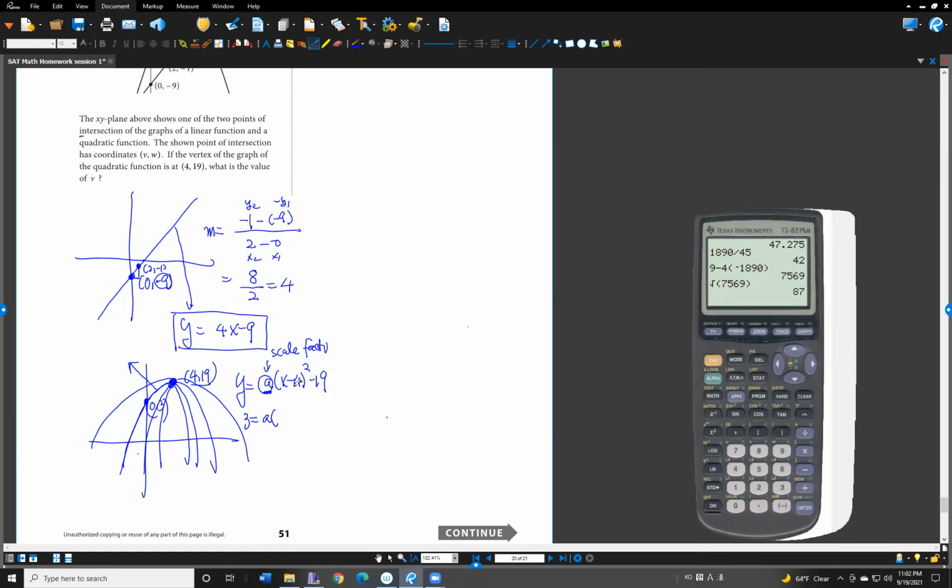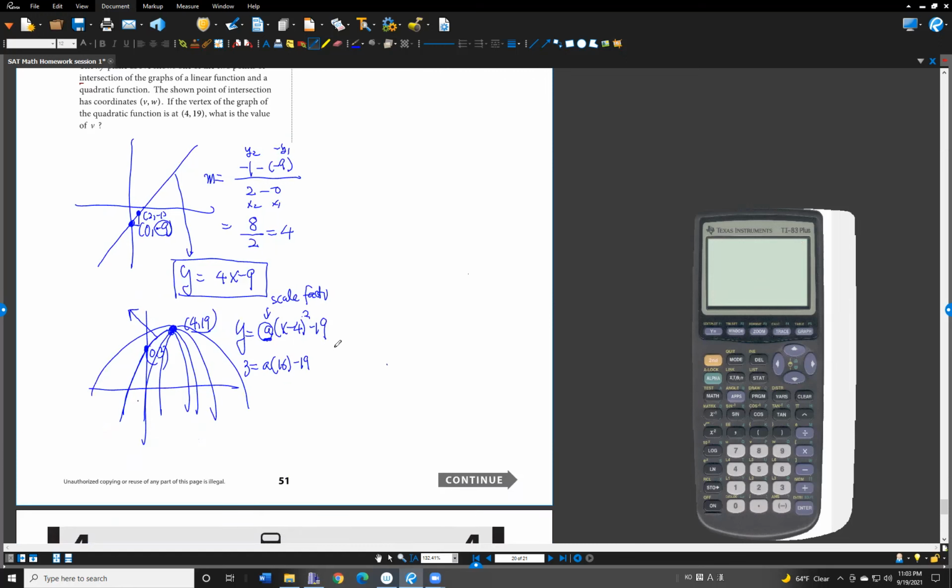When x equals 0, (0 minus 4) squared is 16, and minus 19. Moving to the left, 3 plus 19, okay? So minus 19 minus 19, negative 16 equals a times 16. You can divide by 16. Now you get a equals -1, right?